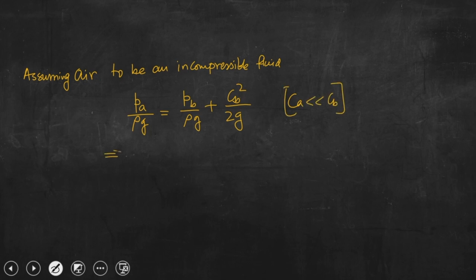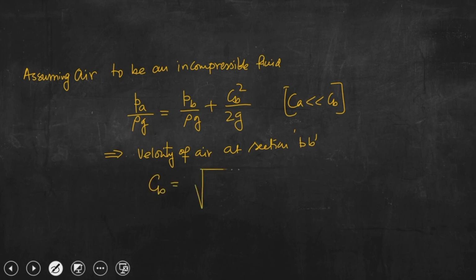That means the velocity of air at section B, Cb, would be equal to under root 2 into (Pa minus Pb) by rho, and this is rho of air.